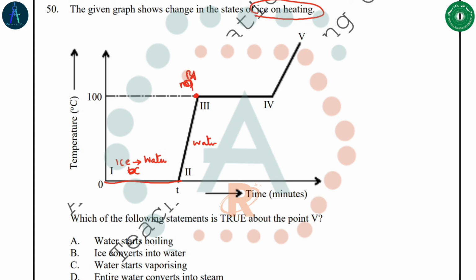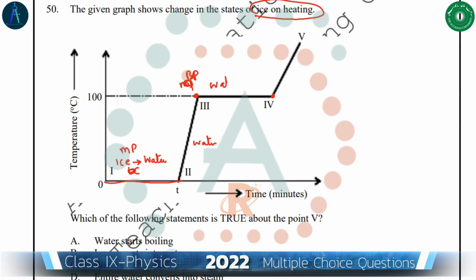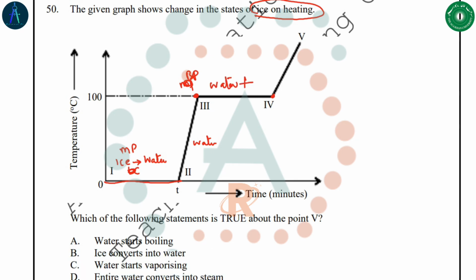Sorry, this is the boiling point. This was the melting point. So at the boiling point there is conversion of liquid into steam. So water is converting into steam at 100 degrees centigrade. The boiling process is occurring between 3 and 4.